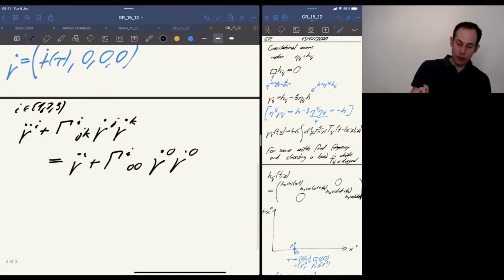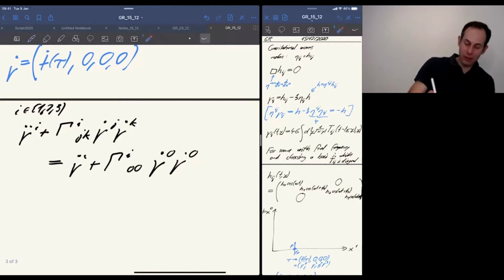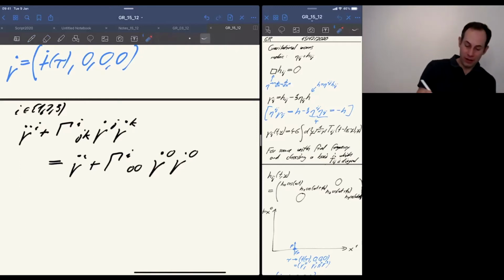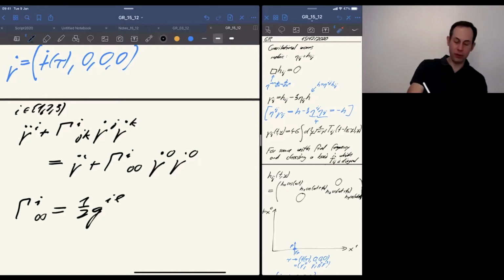Okay, now there's only one gamma symbol here. I mean, actually 3, because I could be 1, 2, or 3, but that's easy to evaluate. So gamma I 0, 0 is generally given as follows. You hopefully remember the definition of the gamma symbols in the Levi-Civita connection, which I'm using here.